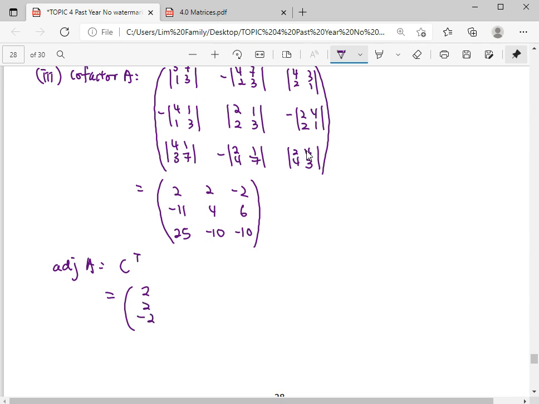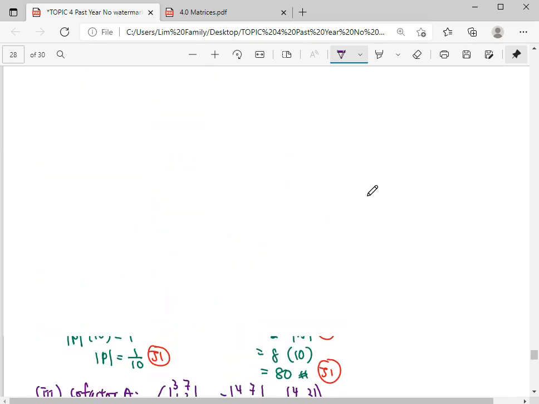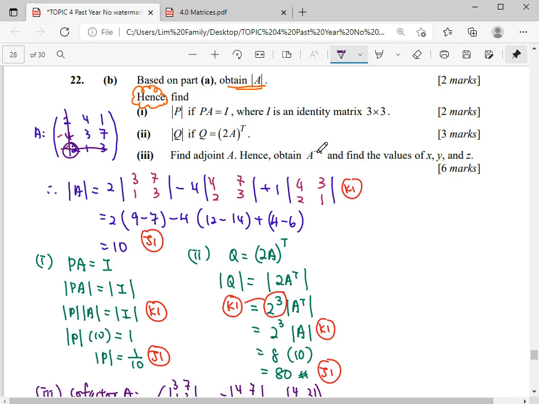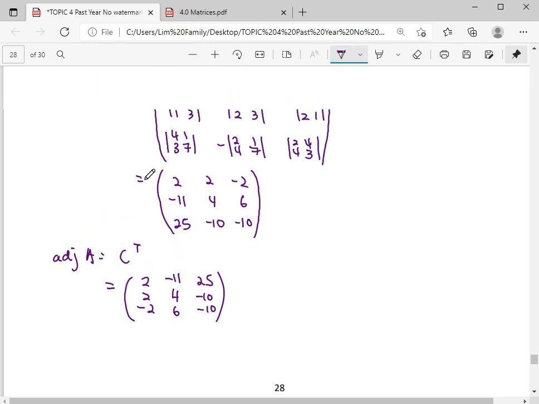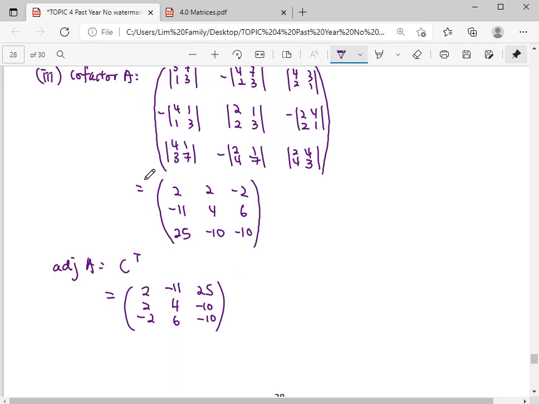So write the row as a column. And hence, what else does the question ask us to do? And hence, obtain A inverse and find out X, Y, Z using this A. So we're going to find our A inverse, where A inverse equals 1 over the determinant of A, which is 10.